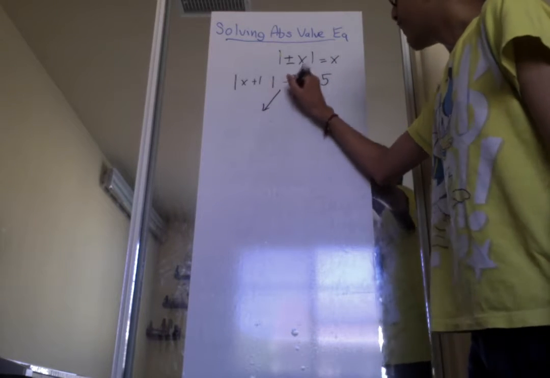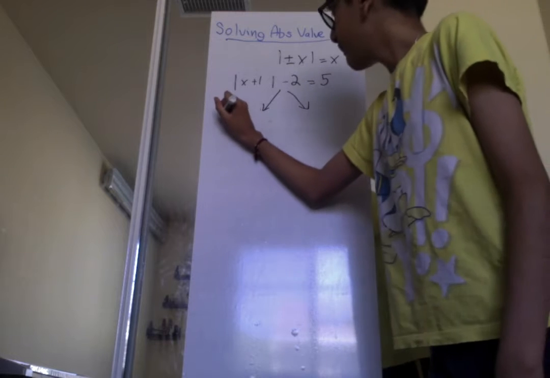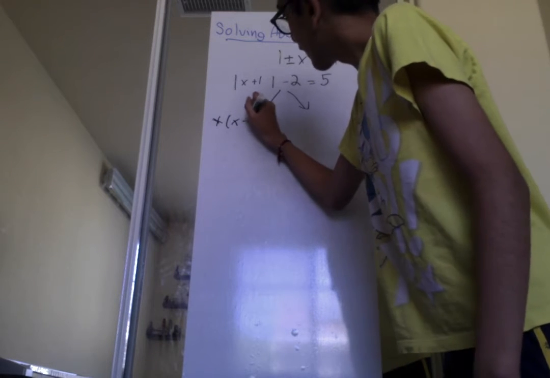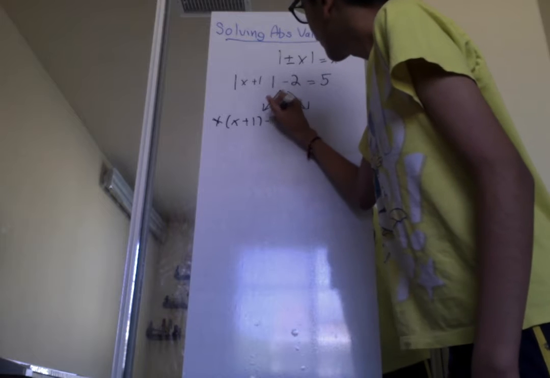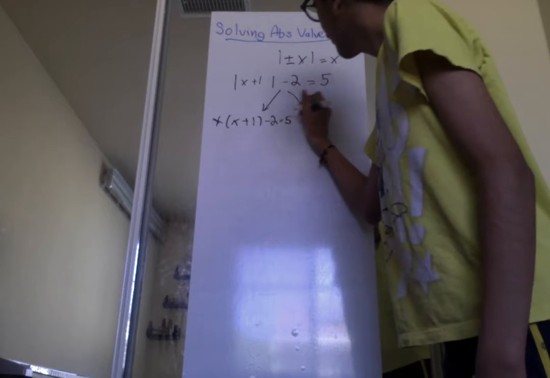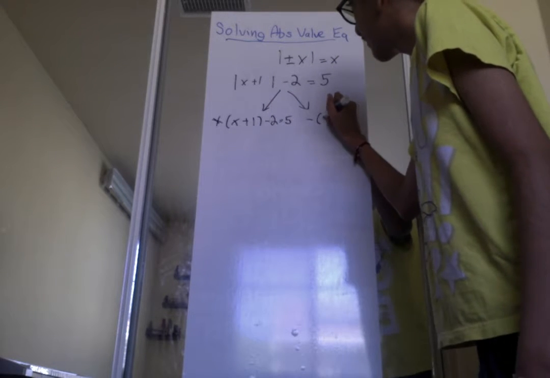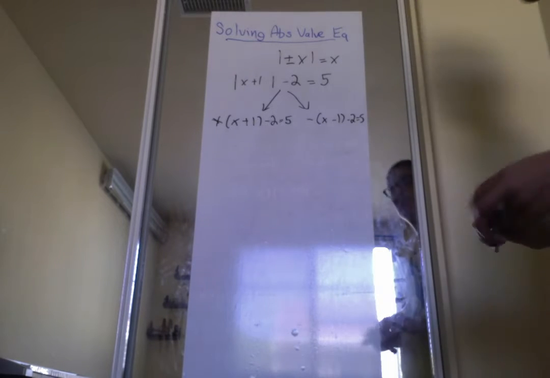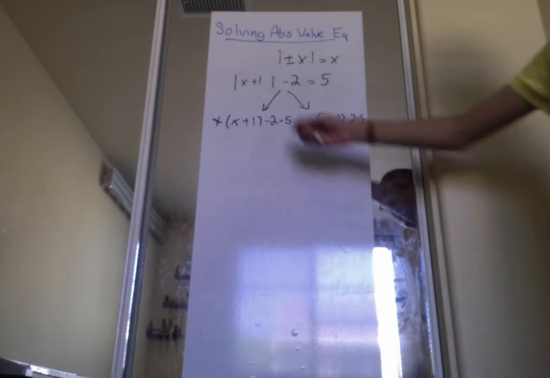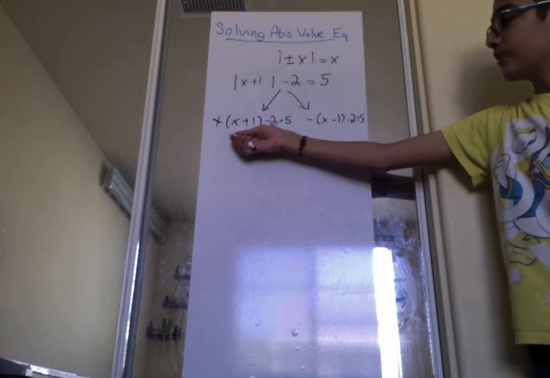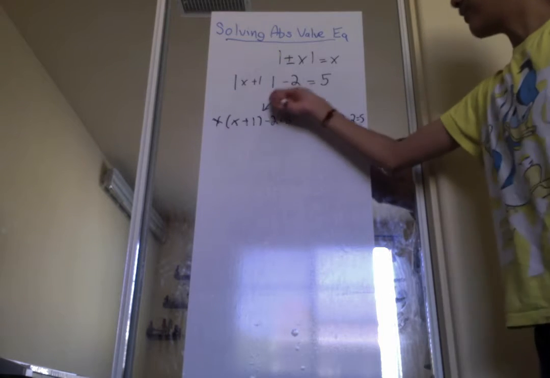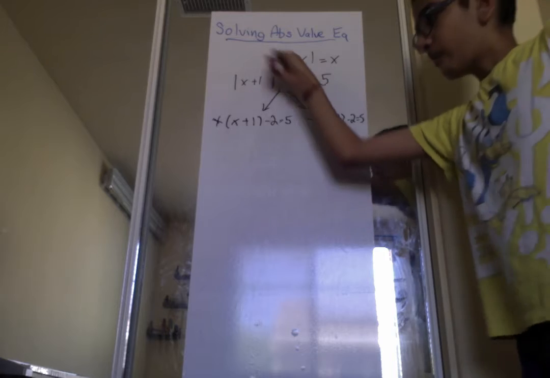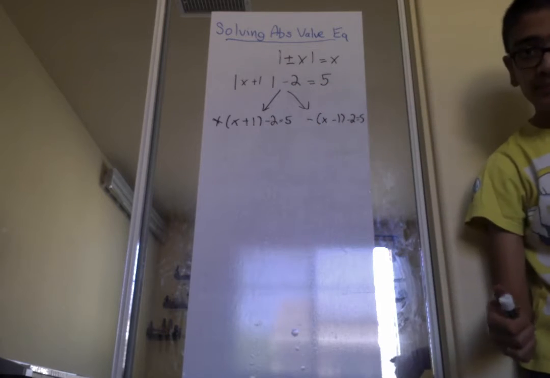So let's account for both of those and have one that's multiplied by the positive sign, like this, and one that's multiplied by the negative sign, like this. So essentially, we have one equation with whatever is in the absolute value multiplied by a positive, and one that has whatever is in the absolute value multiplied by a negative sign.